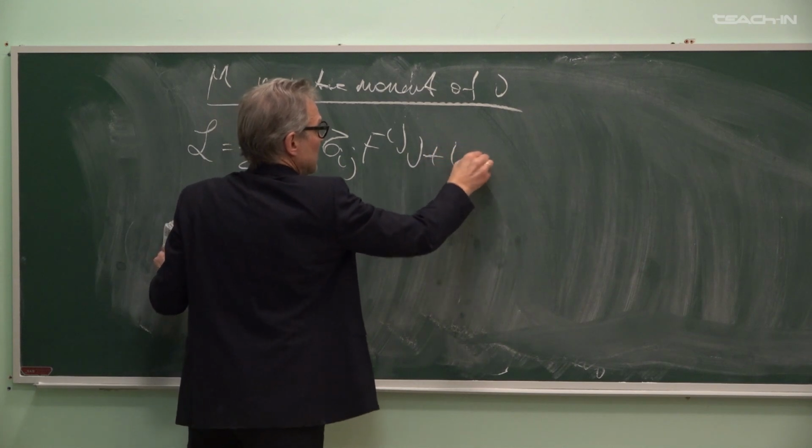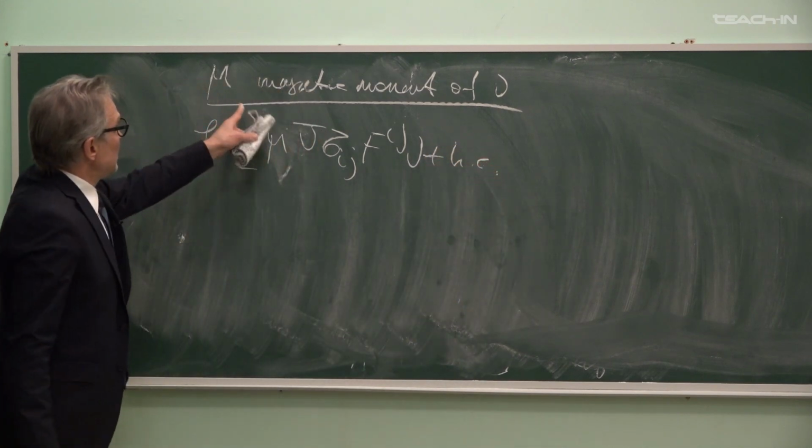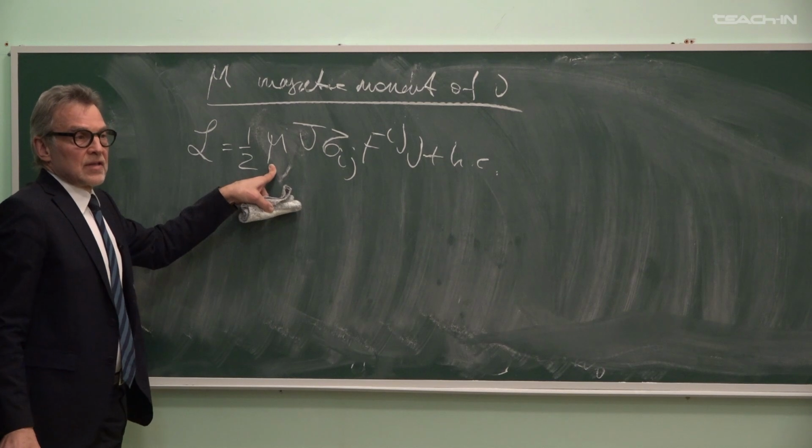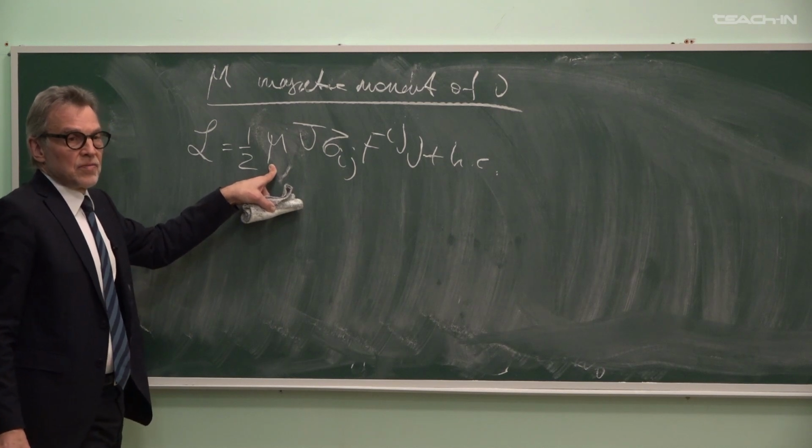So if the magnetic moment is not zero, we get this additional term in the Lagrangian. It describes the interaction of neutrinos with an external electromagnetic field.